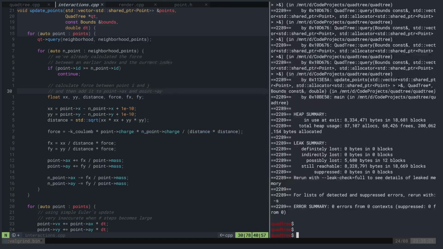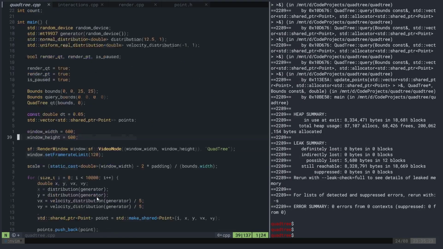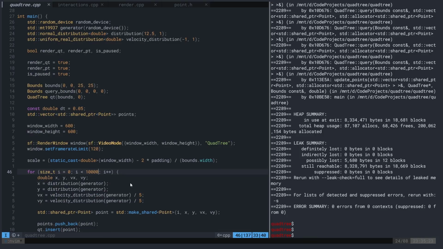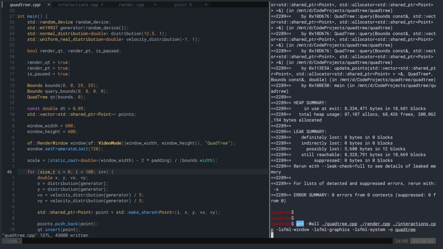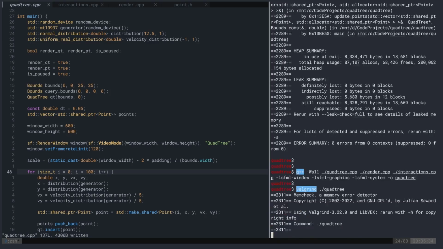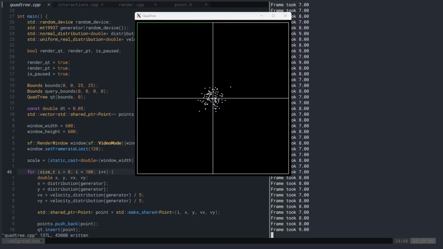Yeah, let me rerun this with fewer particles. Oh, 10,000 particles. So let's do 100. Okay, that's really good. So let's run this.